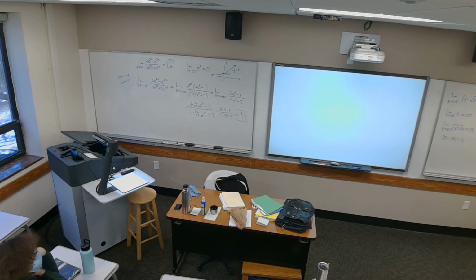Well, the numerator is increasing without bound, and the denominator is increasing without bound. But we can divide top and bottom by x, right? When we divide top and bottom by x, we get 2x over x plus the square root of x squared minus 2x over x.